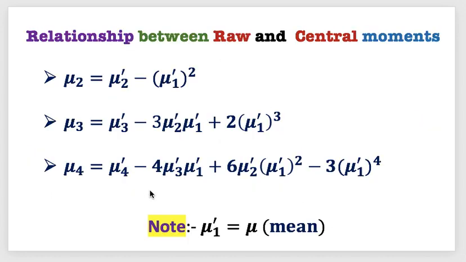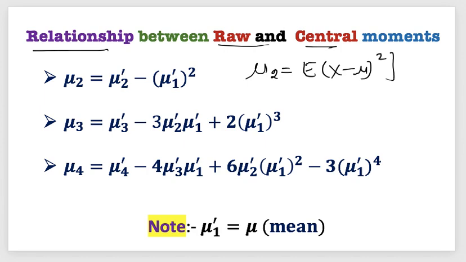Now, one very important point which should be clear is that there is a relationship between raw and central moments. Whenever we write mu 2, we are writing E of (x minus mu) whole square. We can open it because it is (a minus b) to the power 2, expand it and write everything in terms of the raw moments.